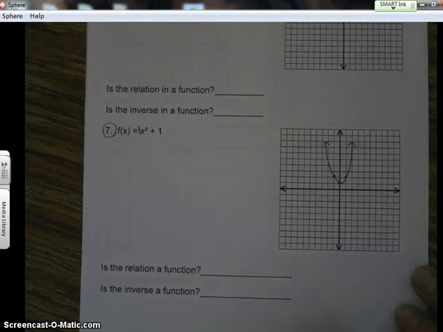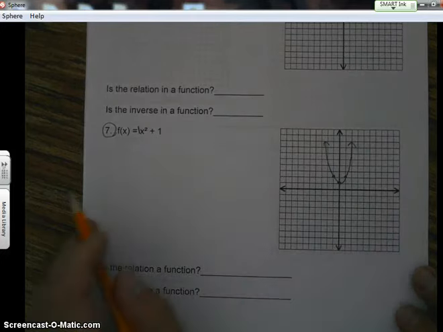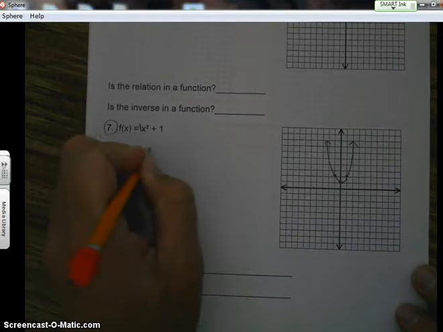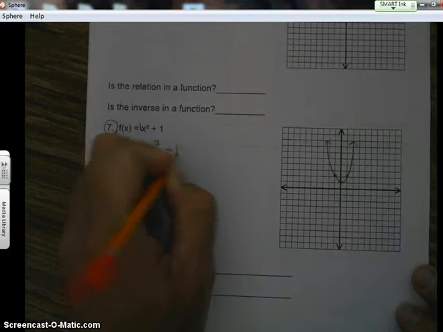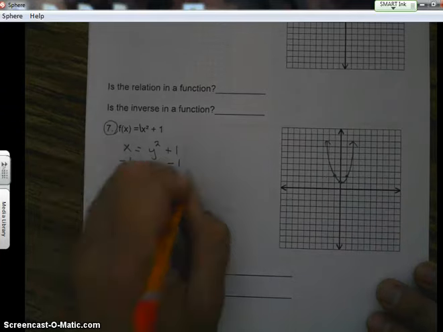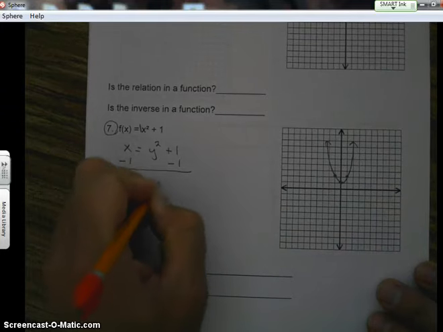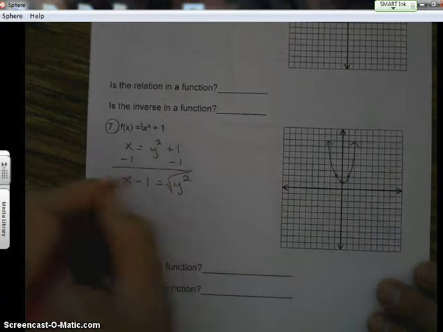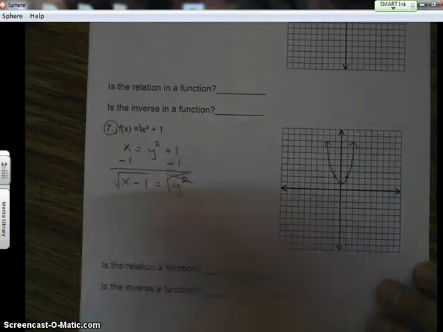Now that we have those, let's go ahead. It says write the equation of the inverse. So let's go ahead and switch the x and the y. Solve for y. Undo adding and subtracting first. We undo squaring with square rooting to cancel it out.